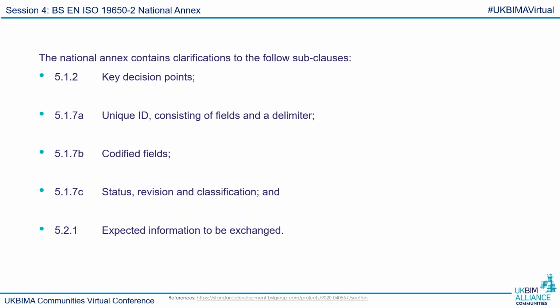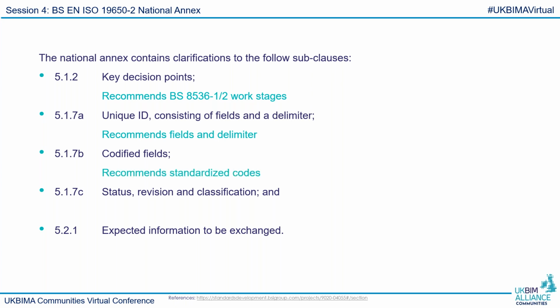As part of dealing with key decision points, it recommends looking at the work stages within BS 8536 Part 1 and Part 2. As part of dealing with the unique ID, it looks at the recommended fields and what the delimiter should be as part of that process. There are standardized codes being placed into the Annex as recommendations of what to follow.